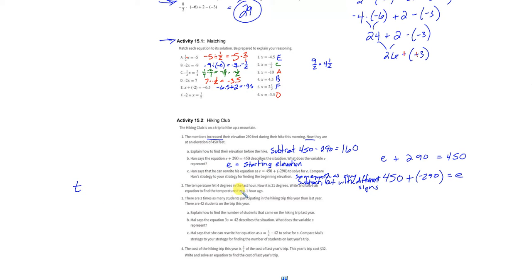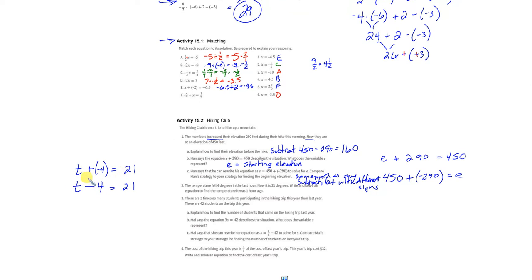Okay? But we do know that it fell 4 degrees. So we could represent that with either a minus 4. We also could represent that with a plus negative 4. Either one would work. But we just know that after that fall, it equaled 21. Right? And if we were going to solve this equation, then we have a couple of different options.